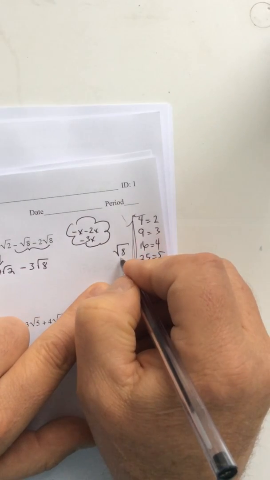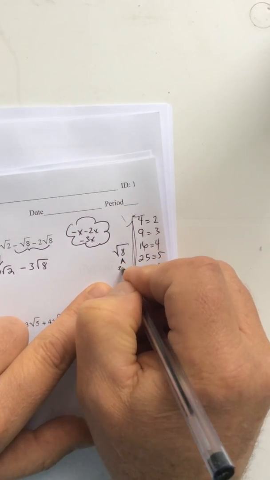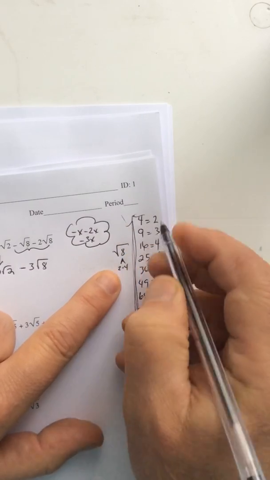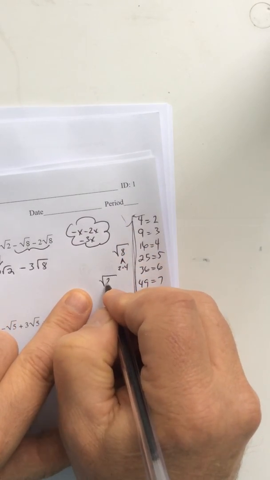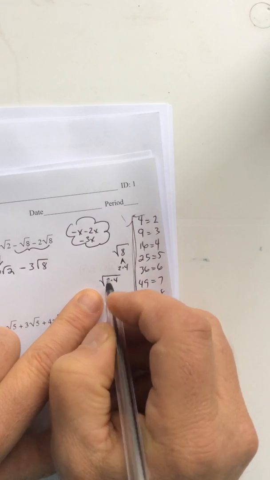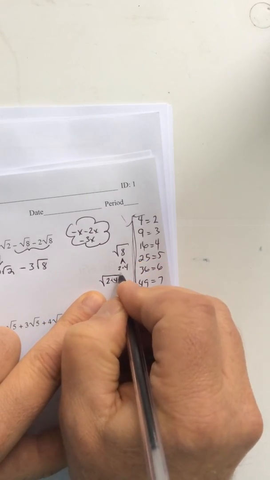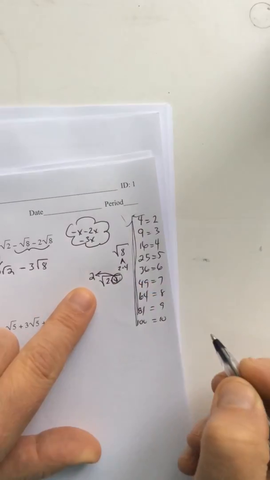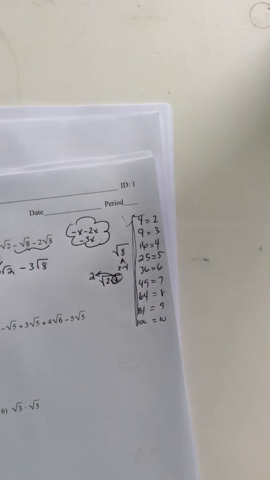Well, look at the 8. That 8 could be rewritten as 2 times 4. And if I do that, the 4 is a perfect square. So I'm going to rewrite the 8 as 2 times 4. And now what that means is the square root of 2, but this part, the square root of 4, actually comes out as an outside 2, as a real 2.